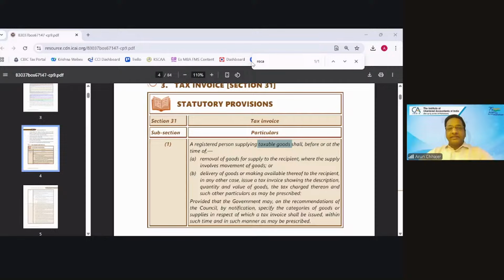So if I am supplying the taxable goods, then "on or before" means they are giving the last date to issue the tax invoice. It can be before, no problem.